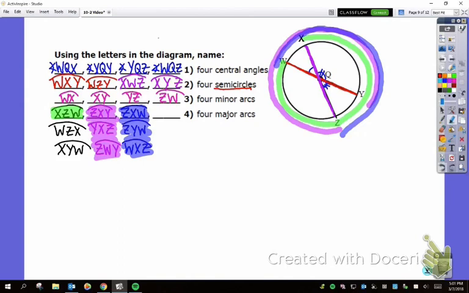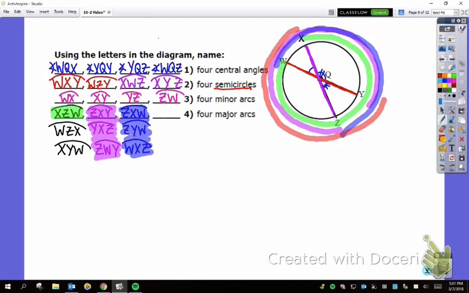So let's look for one more along our purple diameter. Let's start at X. We could go from X all the way down here to Z, and then we can end at Y. That one we haven't done yet.